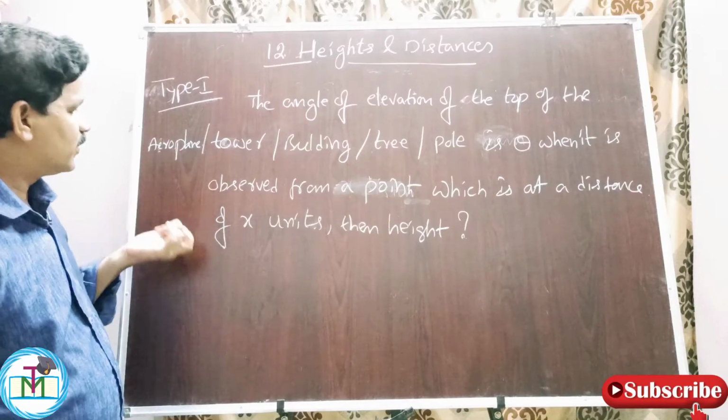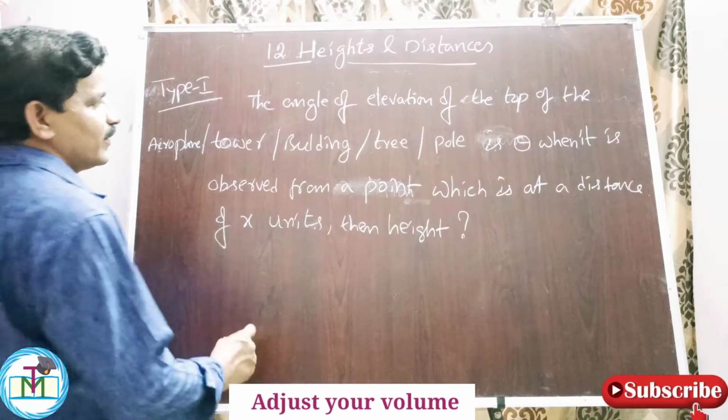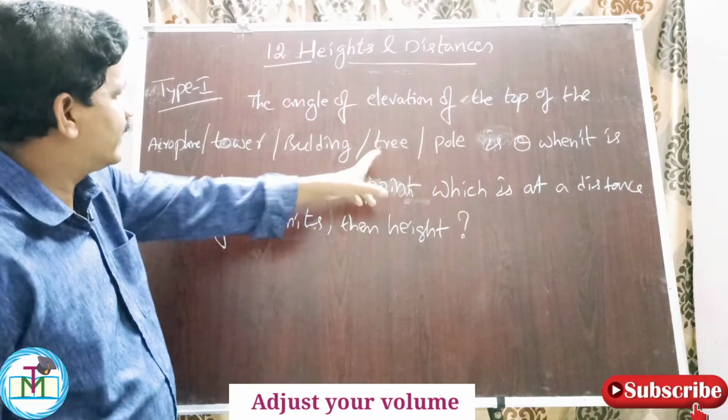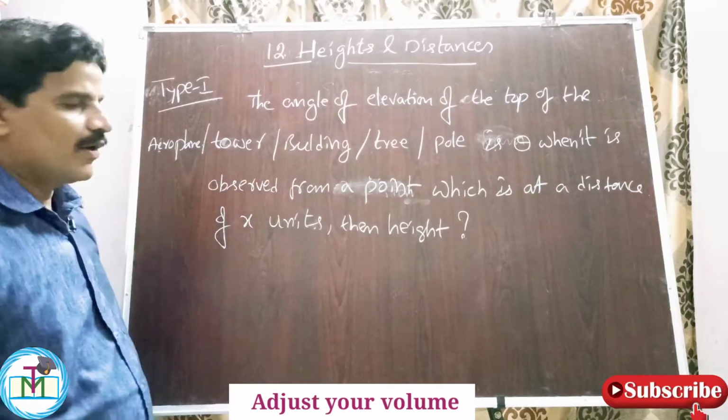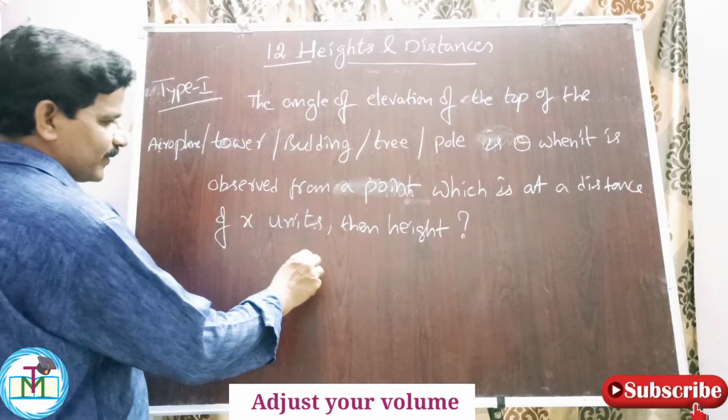At that point the distance is x. So whenever we have the angle of elevation and the pole or the tree or the building or tower or flag post or aeroplane is given, we have to take one simple diagram.